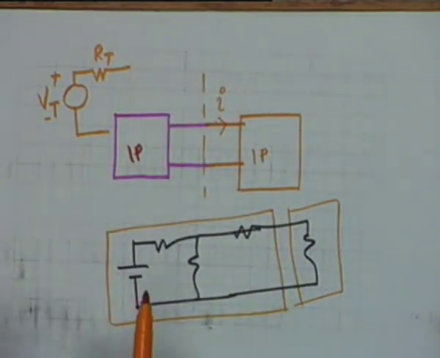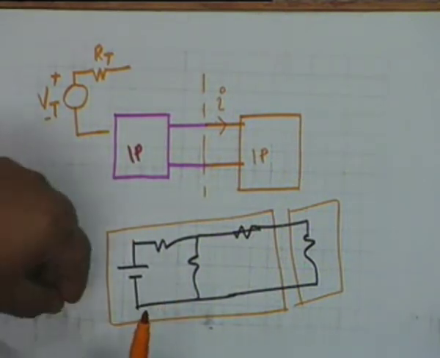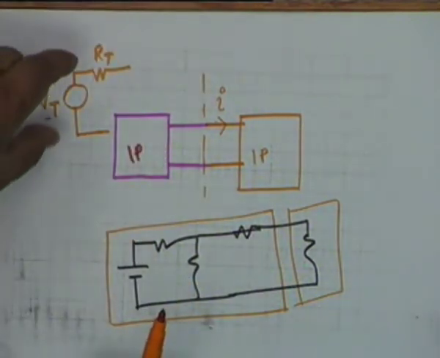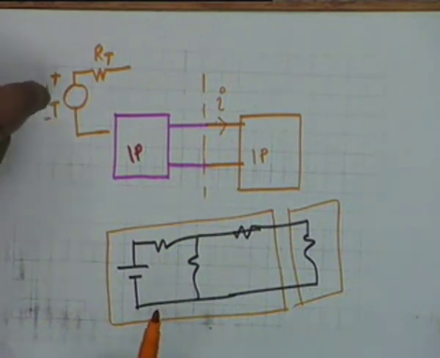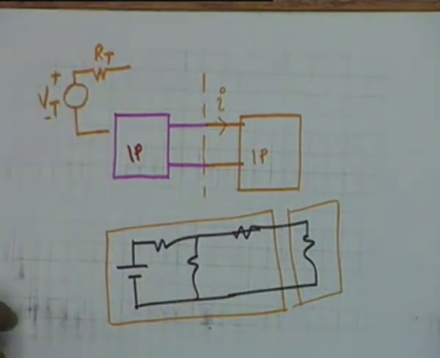It turns out that the one port which you consider as the driver can be thrown out and replaced by this simple series connection of a voltage source in series with a resistance Rt.